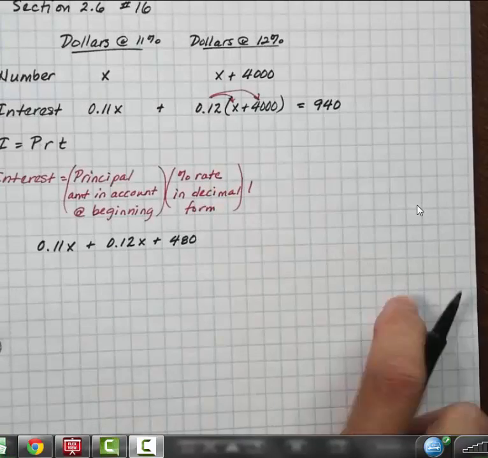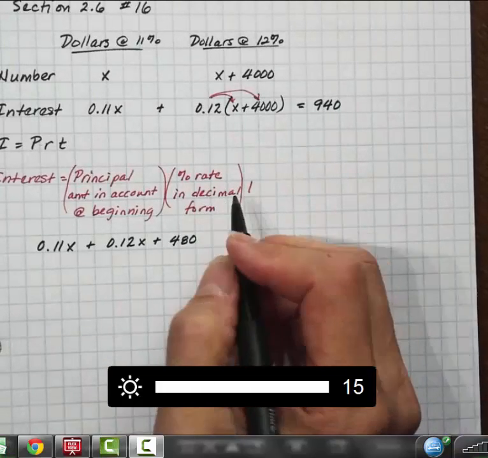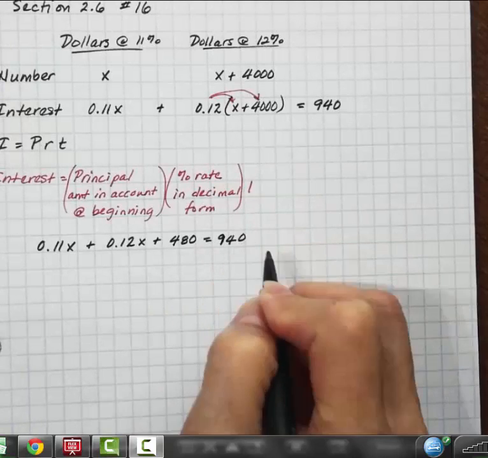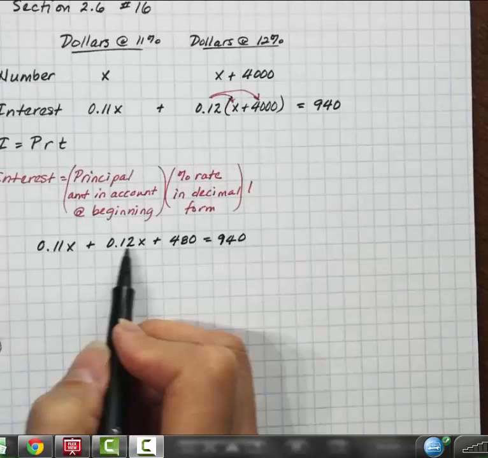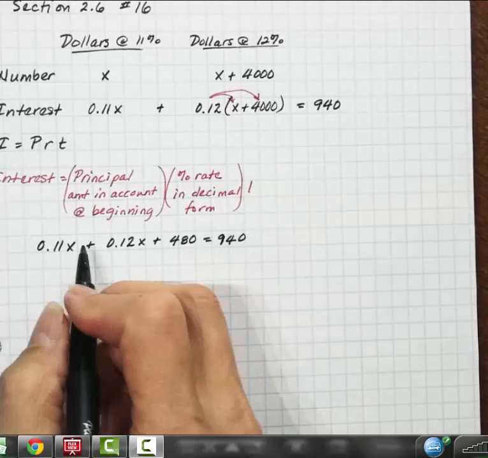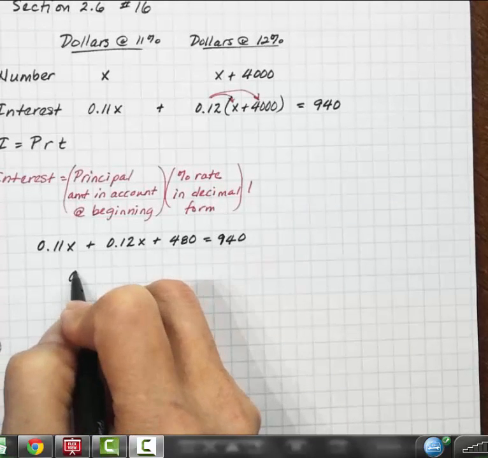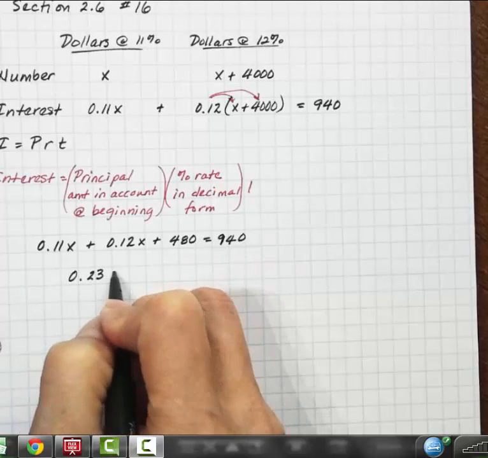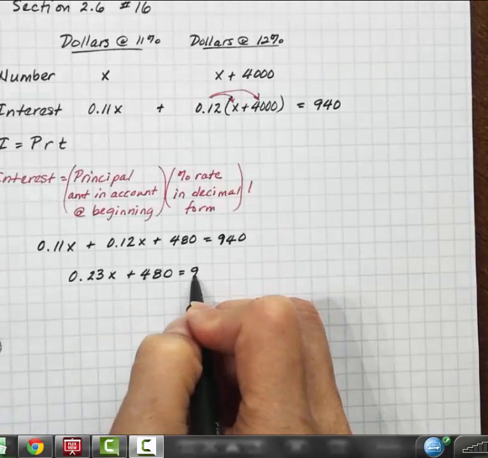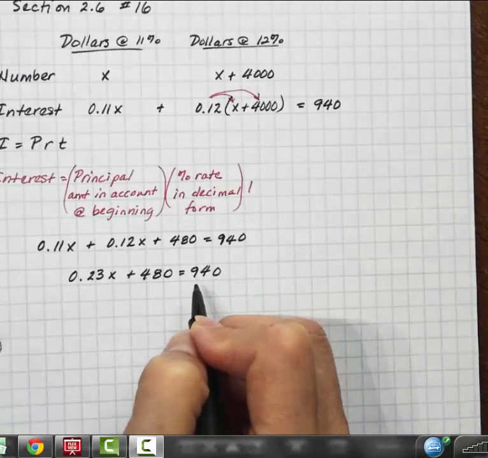And that is equal to $940. Combine like terms. Remember, we're adding decimals, so the two decimals when I add them together become 0.23x plus 480.